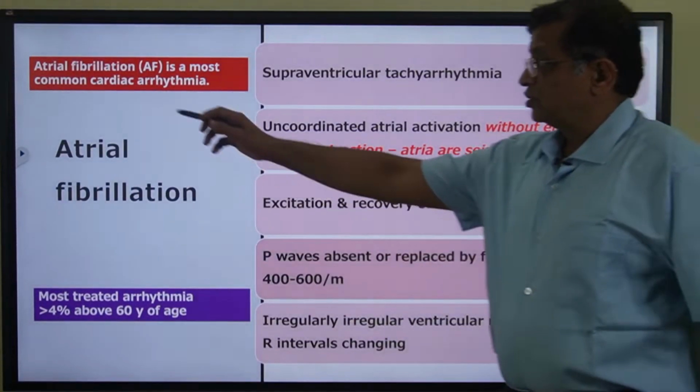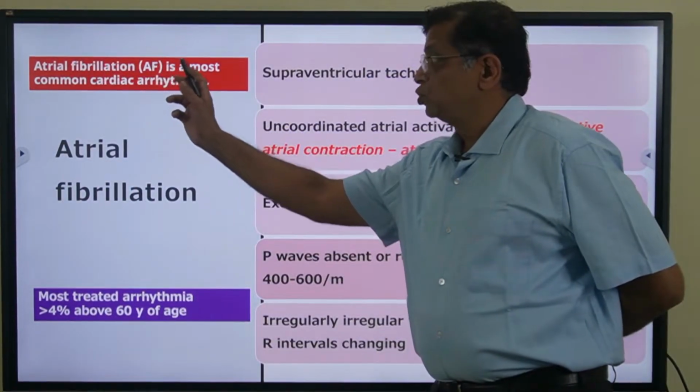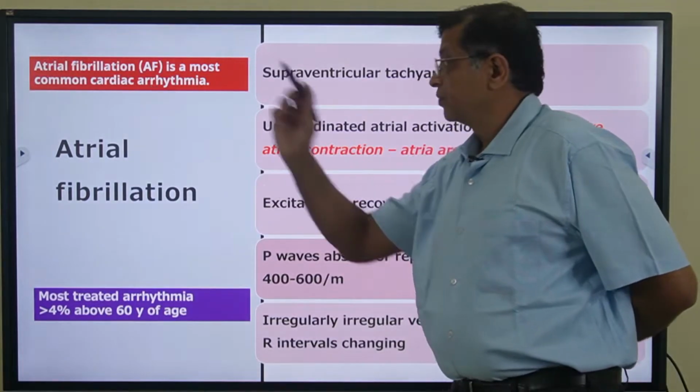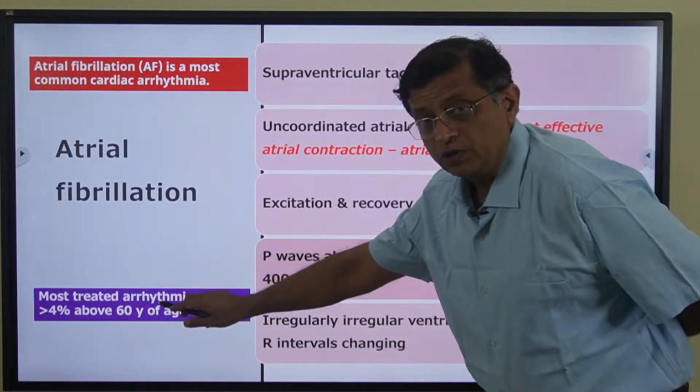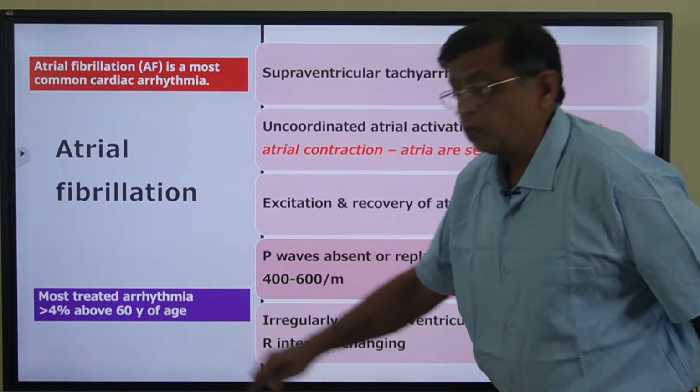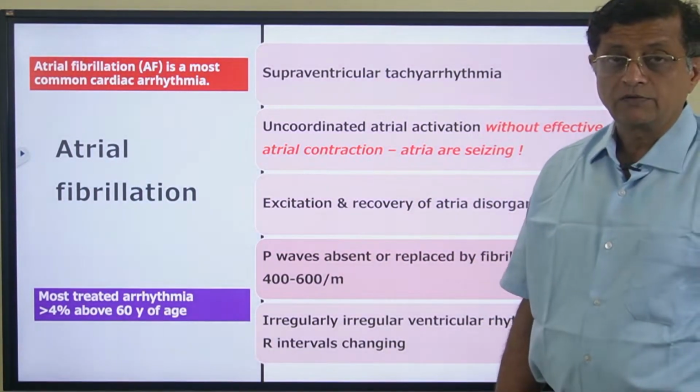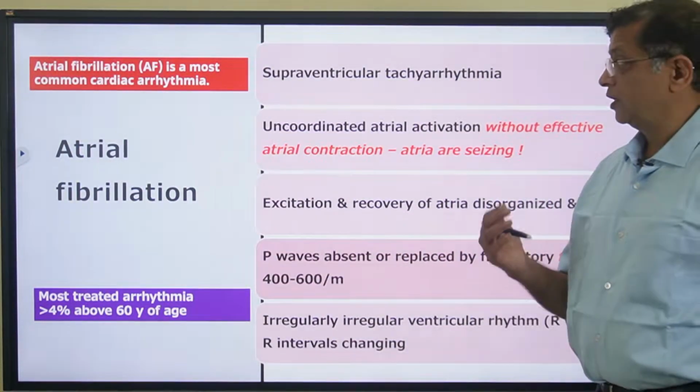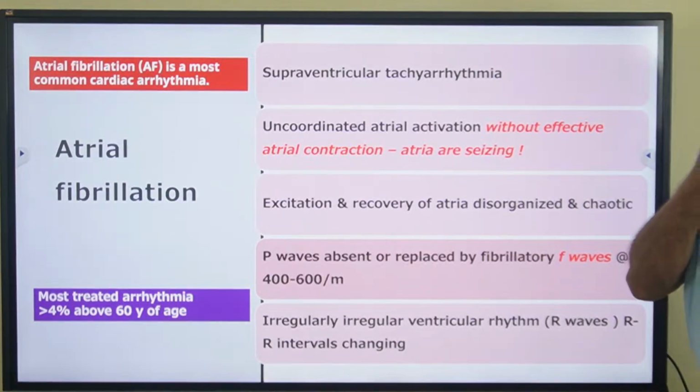As I just said, atrial fibrillation is the most common cardiac arrhythmia and the most treated arrhythmia. More than 4% of people above 60 years of age will have atrial fibrillation sometime in their life. What is atrial fibrillation?